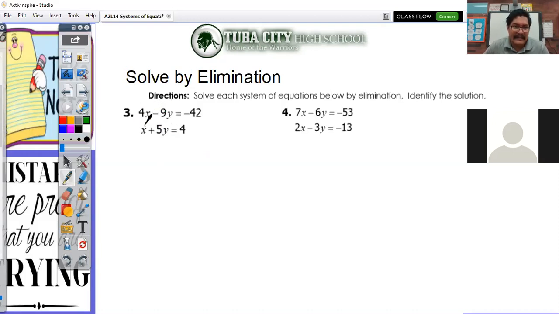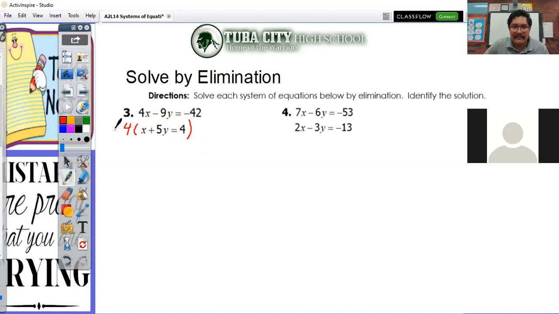Let's look at x. So with x, I have 4 and 1. So in this case here, it looks like I'm going to have to times everything by 4. But not just any 4, because in this case here, my first term, 4x and 4x, is not going to eliminate, because if I put 4x and 4x together, I will get 8x.